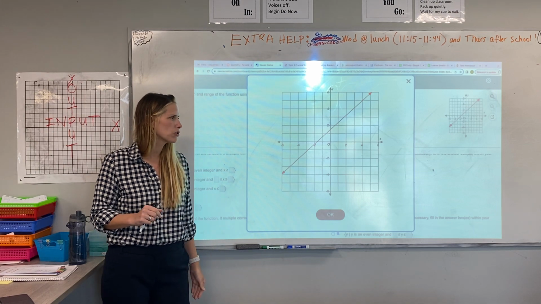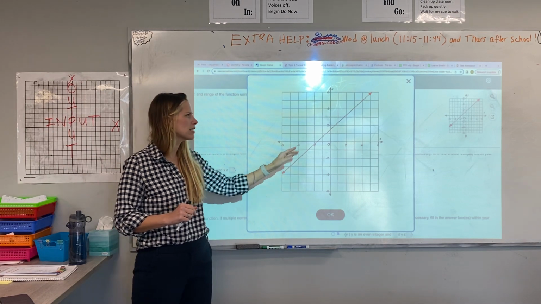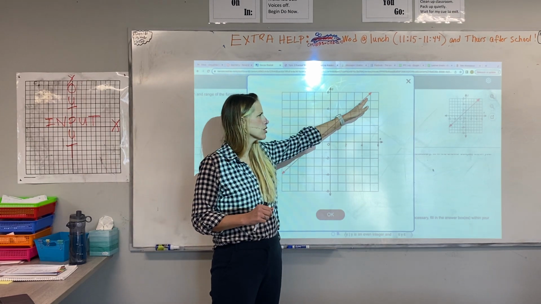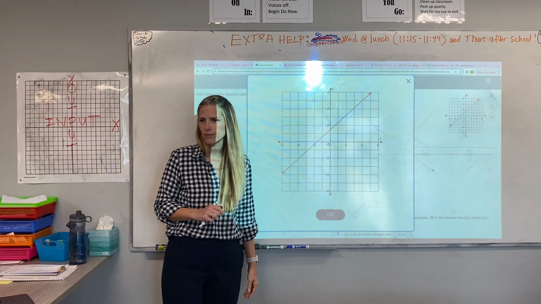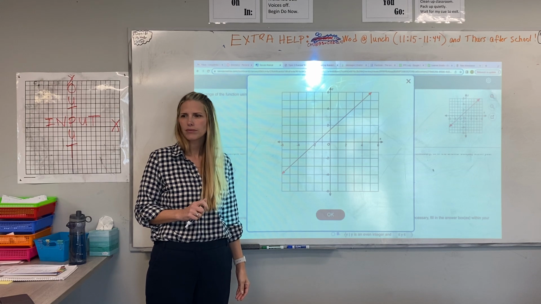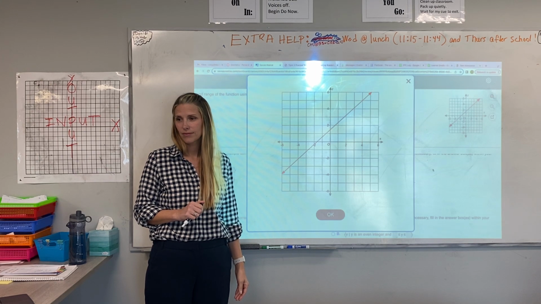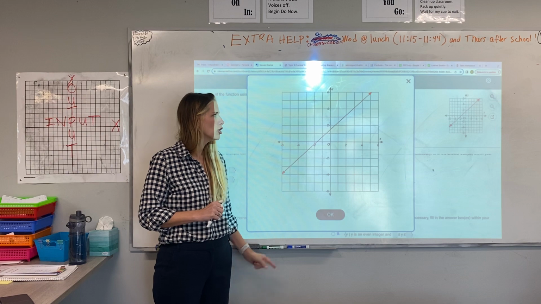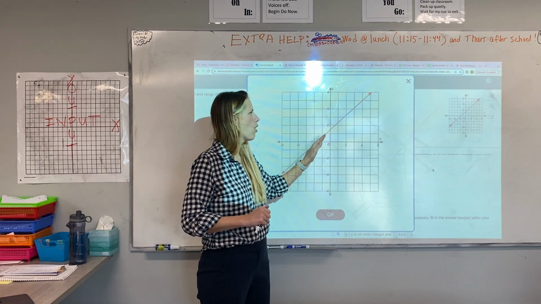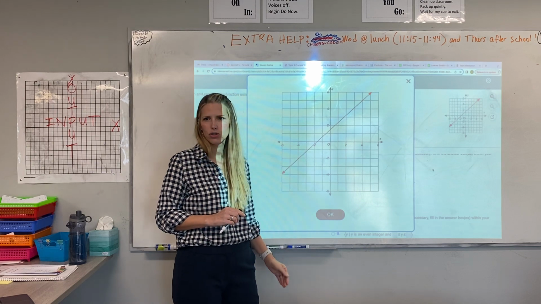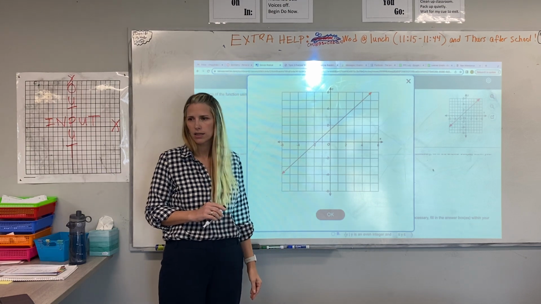Since it continues in both directions, would you say that it's continuing upwards or is it continuing to the right? What do you think? I mean, it's going up, but it's not turning. So are you saying this is only going up, or is it also continuing to the right? It's continuing to the right.